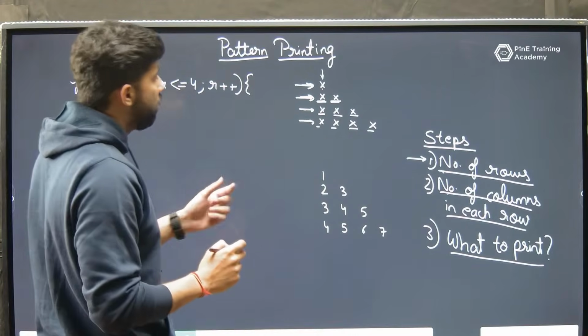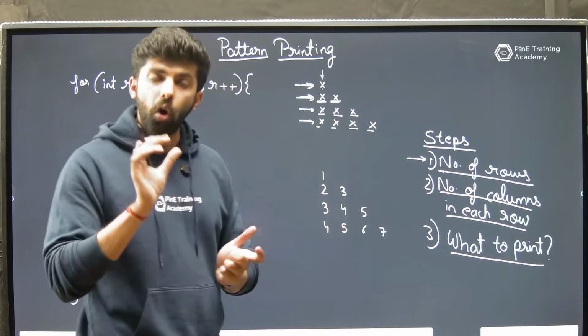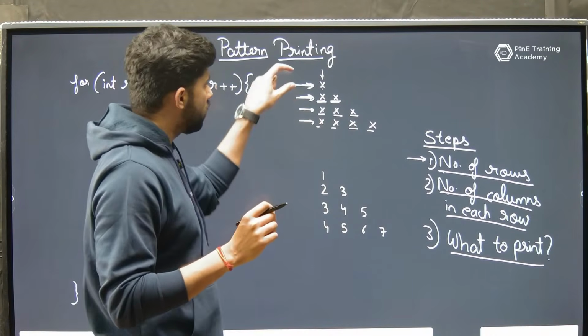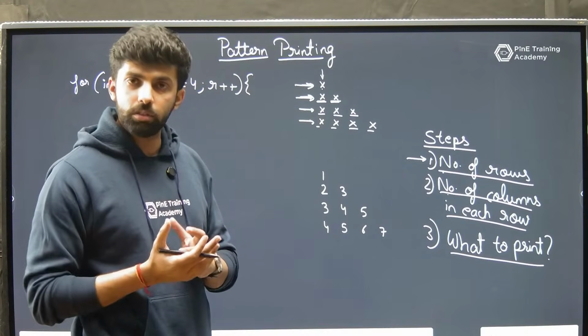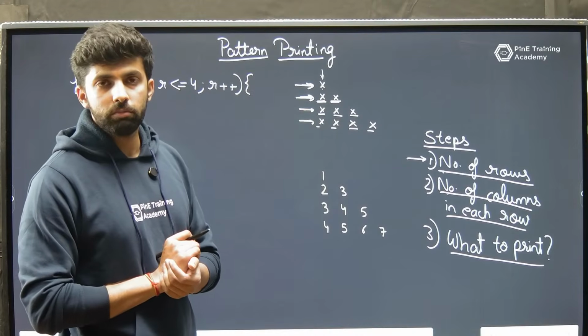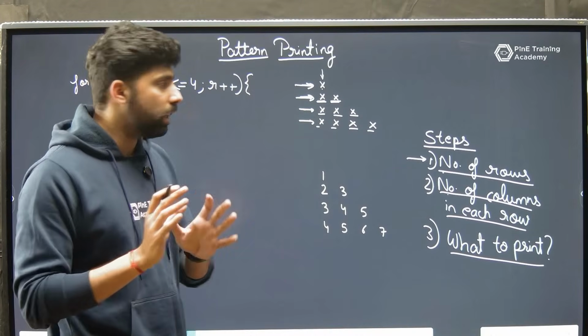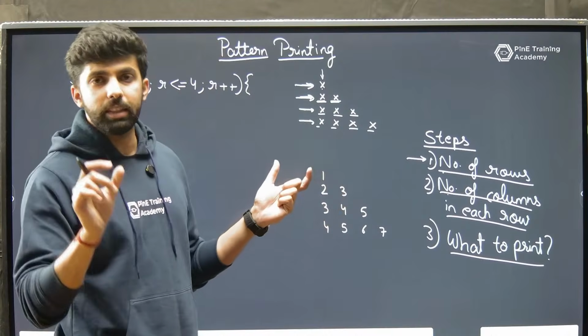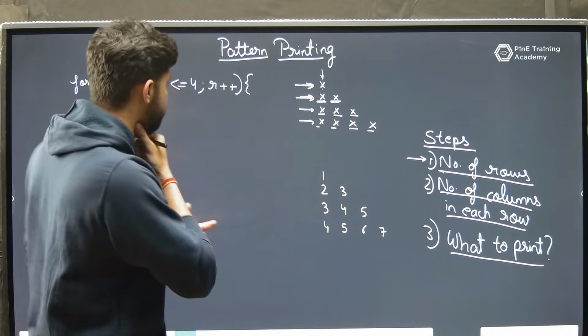Which means when I write the loop for columns, I should include the row somehow so that my column is dependent on row. When I write the loop for columns, it should be visible that it is dependent on row.